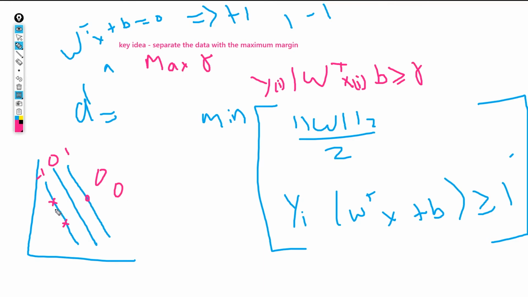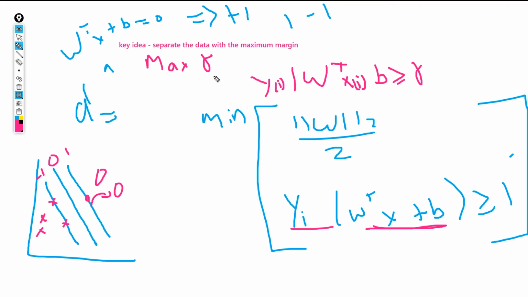And if we talk about this side, if this is negative, this is also going to be negative, then we multiply them, and that is going to be positive, and that should be greater than 1. It means that every point should lie beyond this line, and on this side every point should lie beyond this side. Okay, so that's why we are doing this.